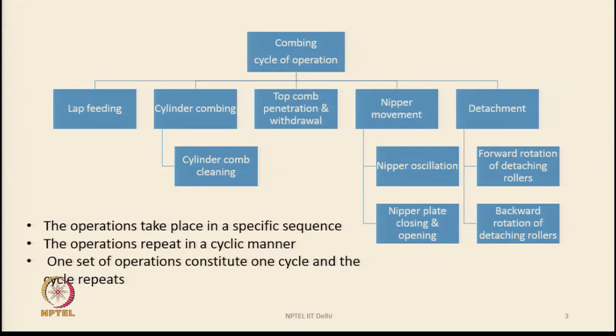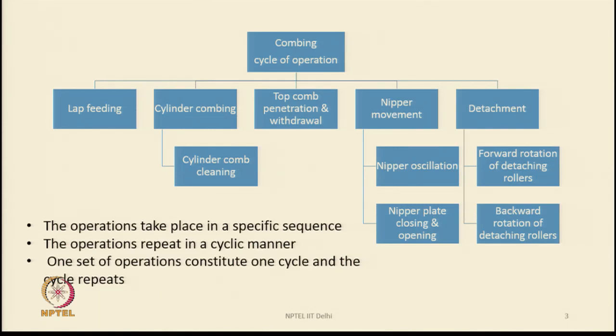So, these are the various operations which we have to perform while going through the combing. The operations must take place in a specific sequence. The operations repeat in a cyclic manner, and one set of operations constitutes one cycle and the cycle repeats.